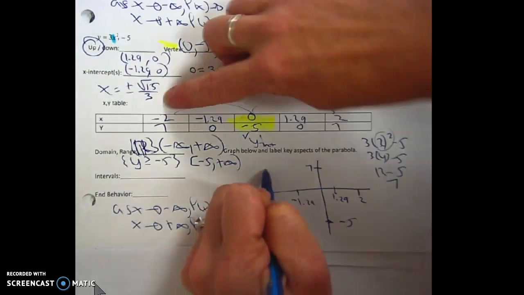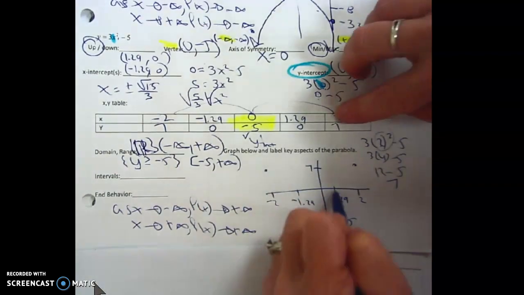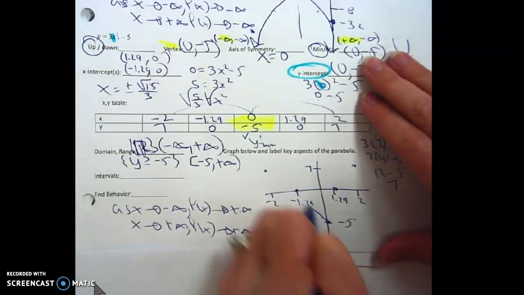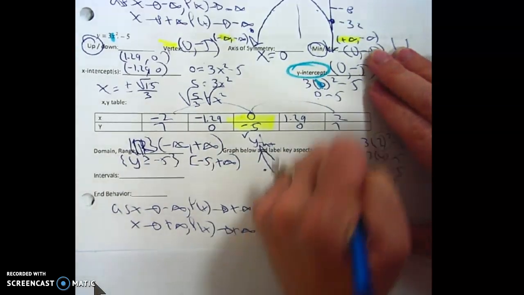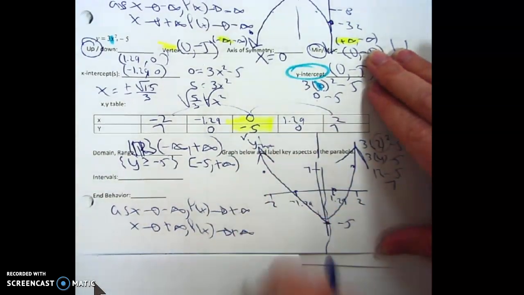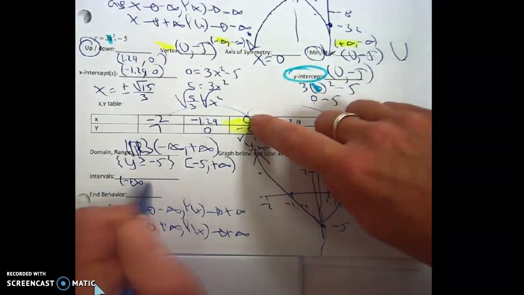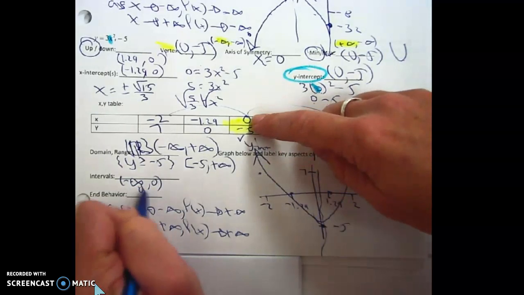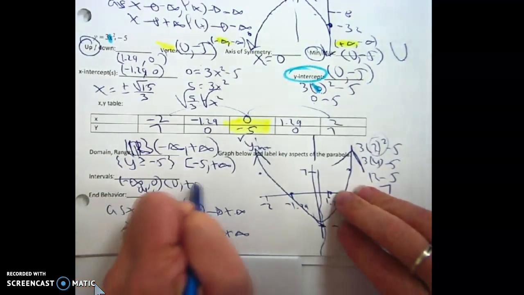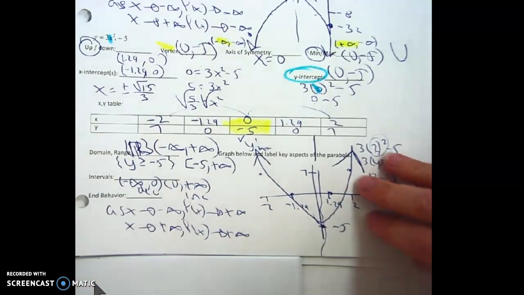So -2, 7, 2, 7, 1.29, 1.29. It's not pretty, but make sure it looks more like a U, and then axis of symmetry. So end behavior, -infinity to the x value of the vertex, 0, decreasing, and then 0 to +infinity, increasing.